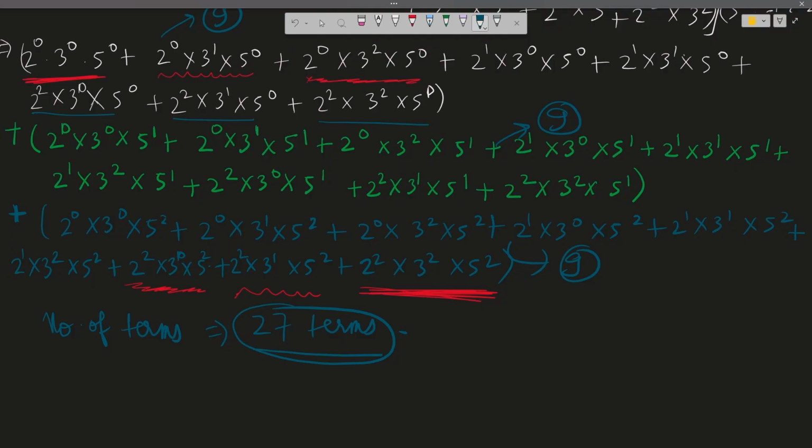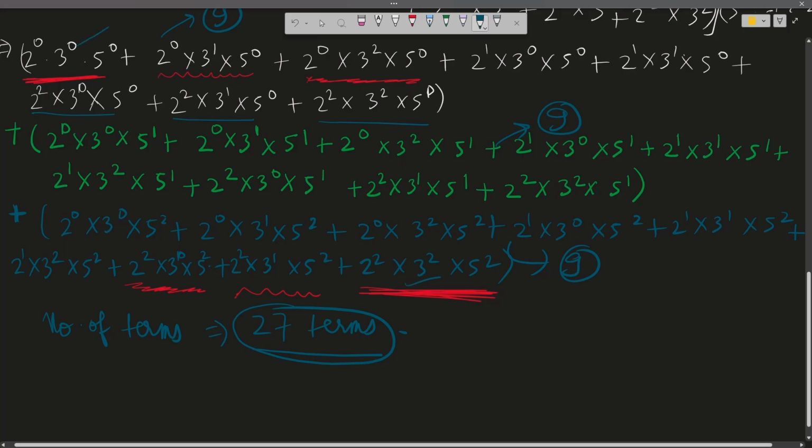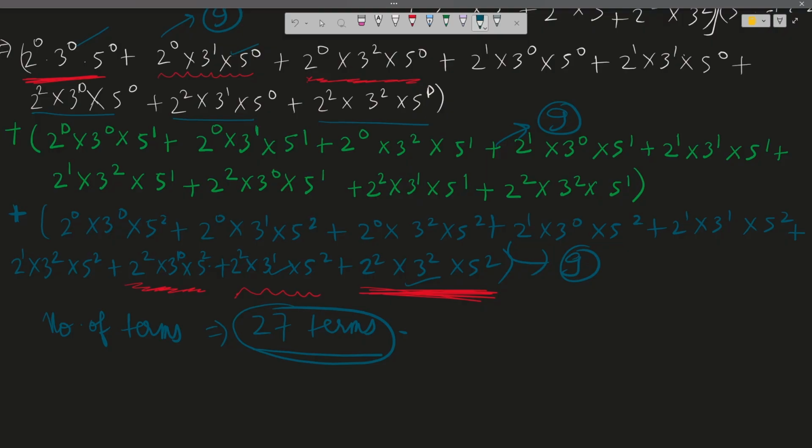The first number is getting multiplied to the last number. The second number is getting multiplied to the second last number. The third number is getting multiplied to the third last number. Similarly, there must be some number which is not getting multiplied by any other number to give the composite number, and that would be the 14th term.